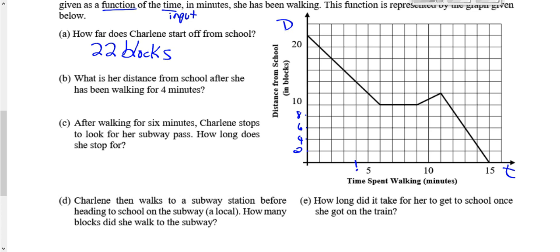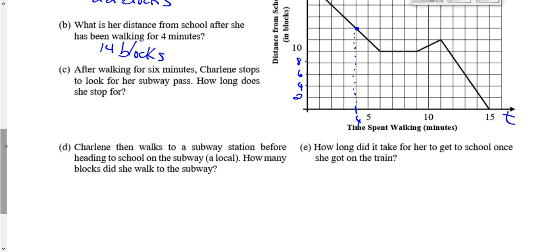So here's our 4. And what is her distance after 4 minutes of traveling? What's the output? 14, right? So the input was 4 and the output is 14. Input of the t for time, output of the d for distance in blocks. Okay?